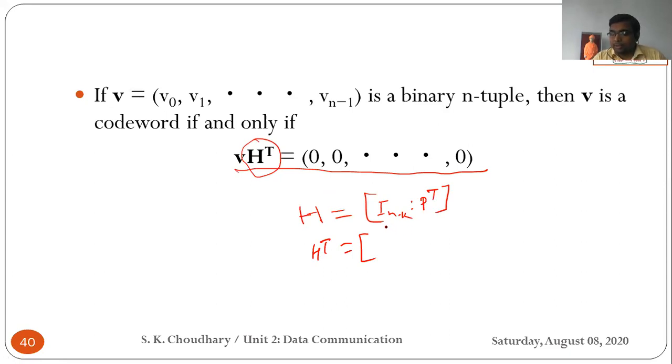In this case it is I with P, separated by a colon like this, where I is I_{n-k} and P is the parity part.